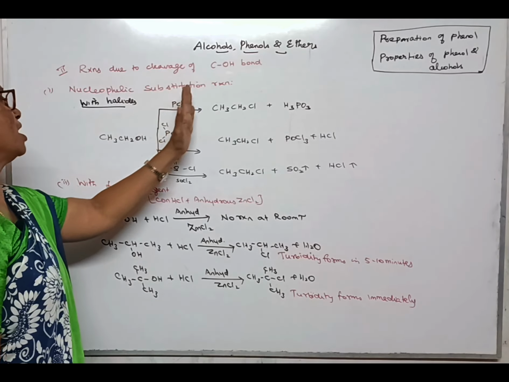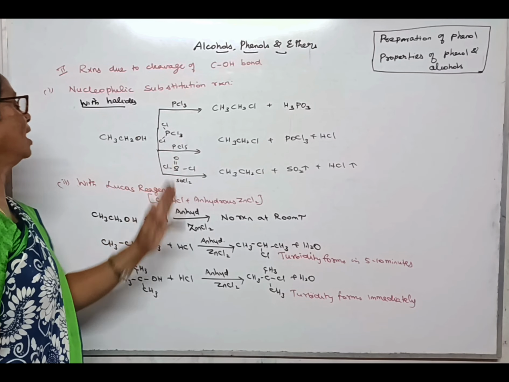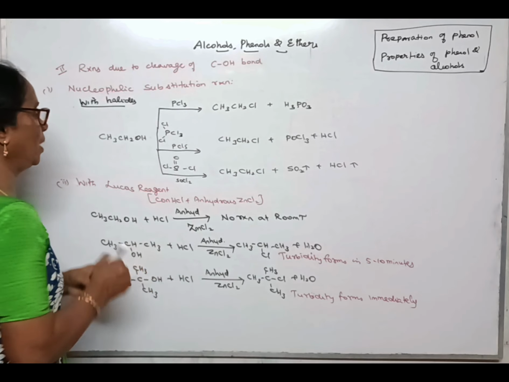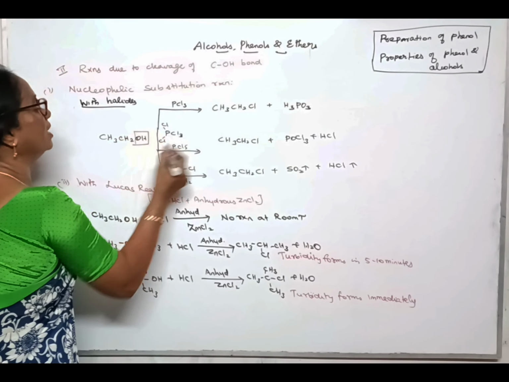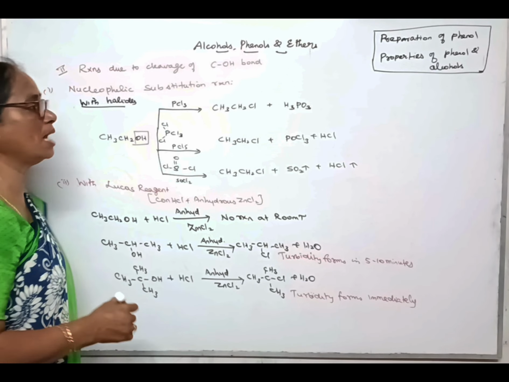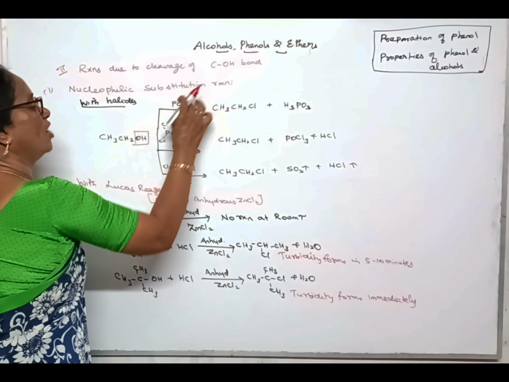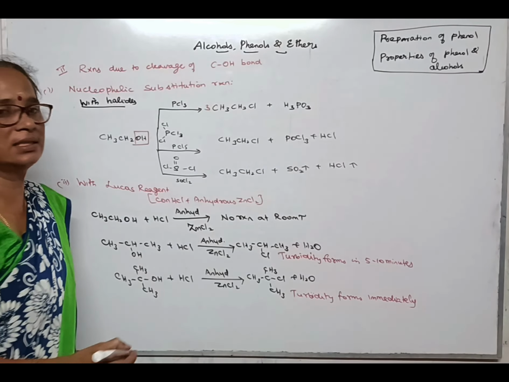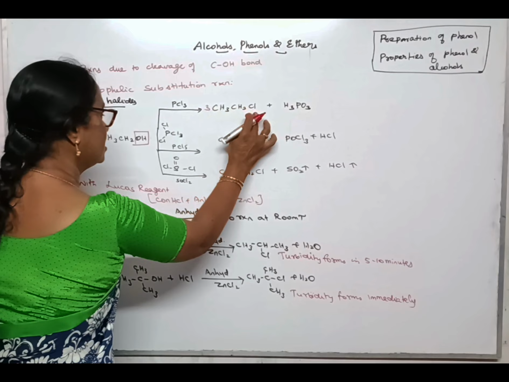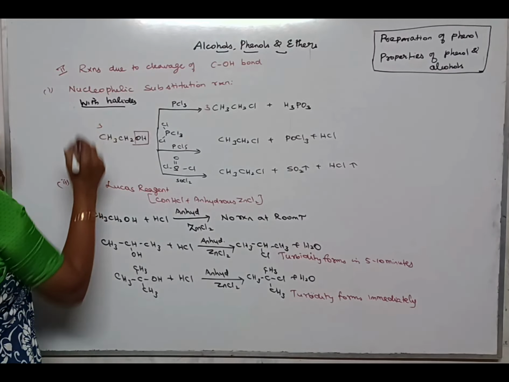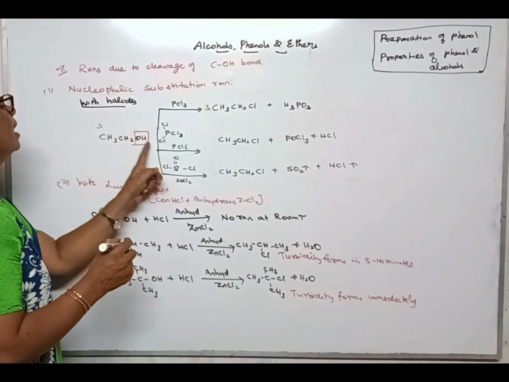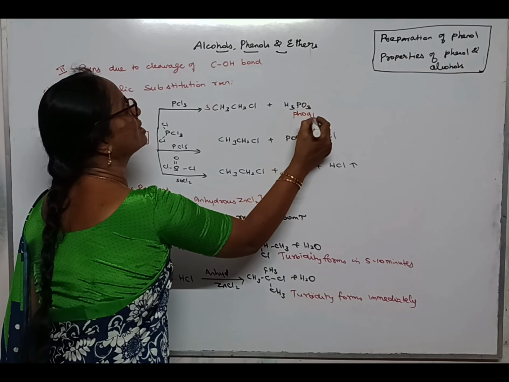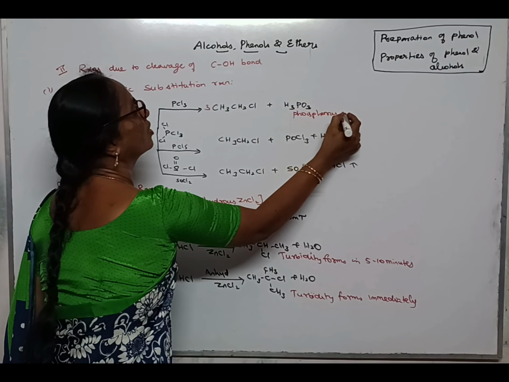Here the phosphorus trihalide or pentahalide or thionyl chloride SOCl2 may displace the OH group with the corresponding halogen atom. So in this case I have PCl3, there are 3 chlorine atoms, so we are getting 3 CH3CH2Cl. When it is 3 times, then the ethanol will also be 3 times, so we have 3 hydrogen, 3 oxygen, and hence we are getting phosphorus acid as the byproduct.